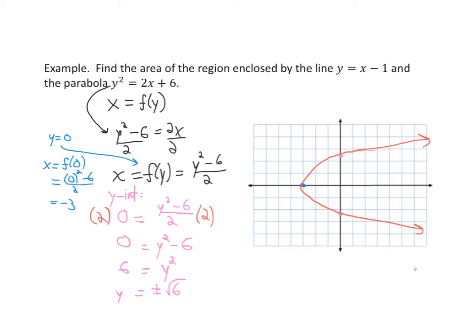And next we just have to graph the line and then figure out how to set up our integral. So the line y equals x minus 1 is the standard y equals x line, but it's shifted down 1. That'll be something like this.